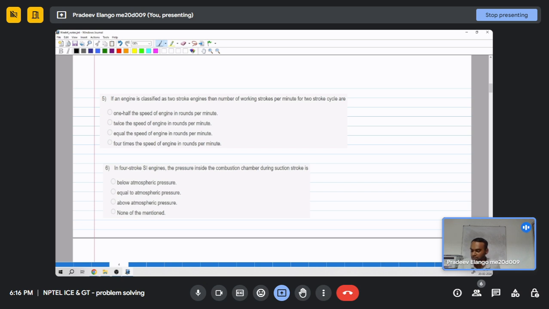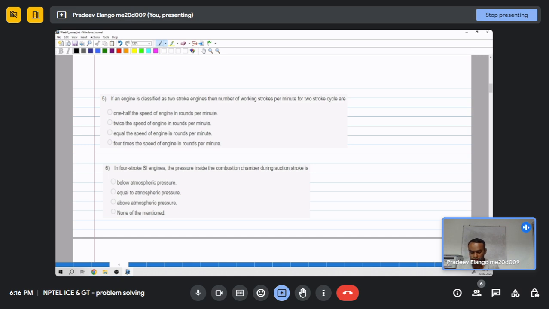If an engine is classified as a two-stroke engine, then the number of working strokes per minute for a two-stroke cycle is: one half the speed of the engine in rounds per minute, twice the speed of the engine in rounds per minute, equal to the speed of the engine in rounds per minute, or 4 times the speed. This is the right answer.